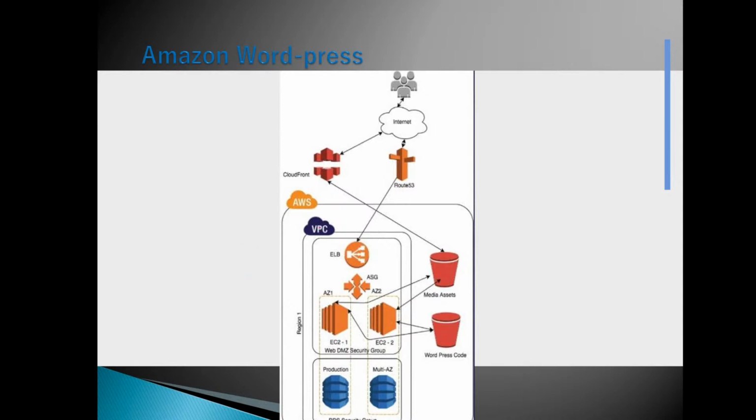Now let me simplify this infra into small chunks so that you will be able to understand how we are doing it. I have kept this infra in a VPC in this architecture diagram, but right now, as a project, we are not going to create our own VPC, and we are not going to put it into a private VPC.